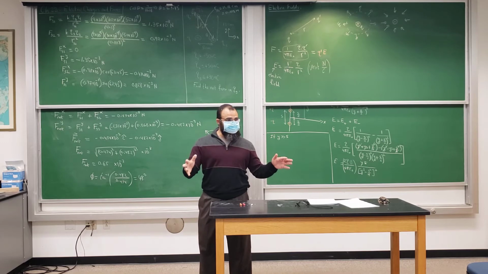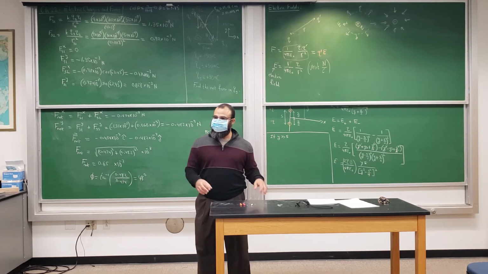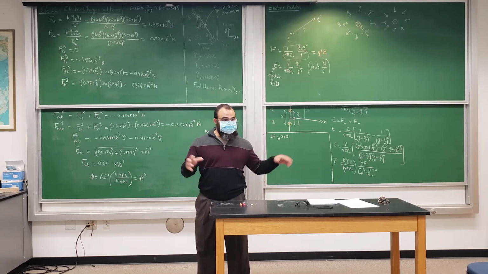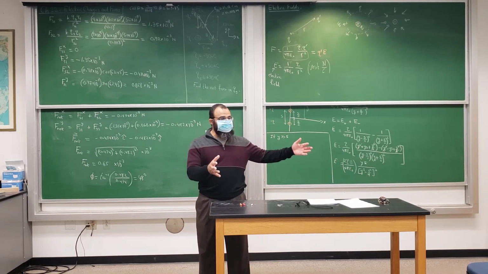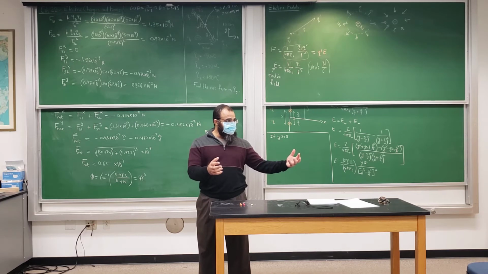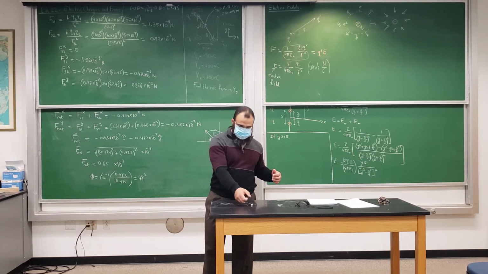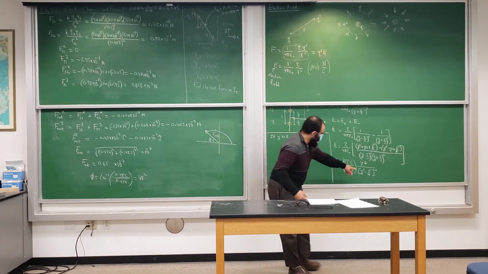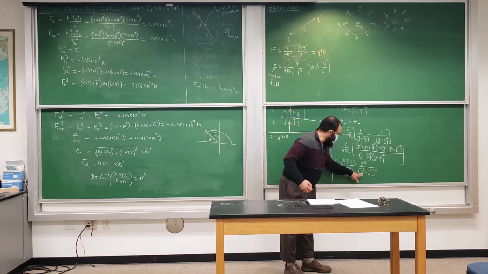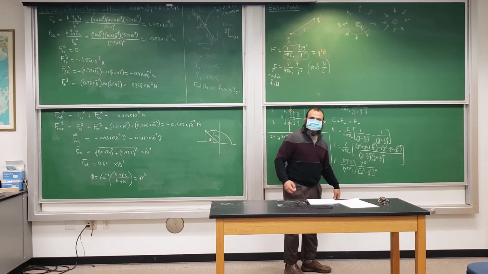So 100 is much larger than 1. But how about 100 squared compared to 1 squared? It's even much larger, right? Instead of 1 to 100, it's 1 to 10,000. So you can just ignore this one. Here, this one can be just neglected compared to y squared. Compared to y squared, it's negligible.